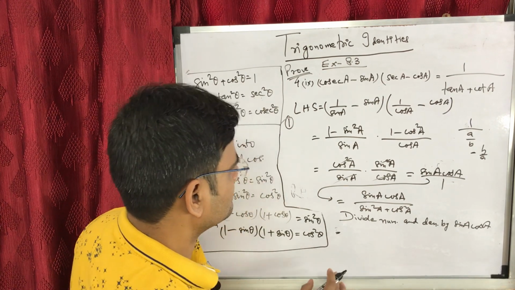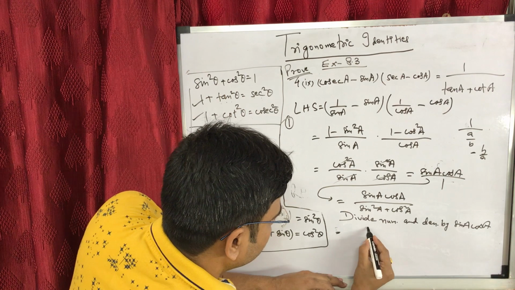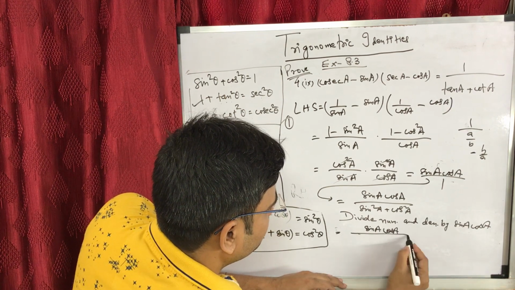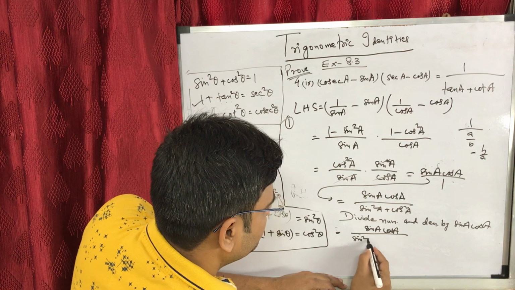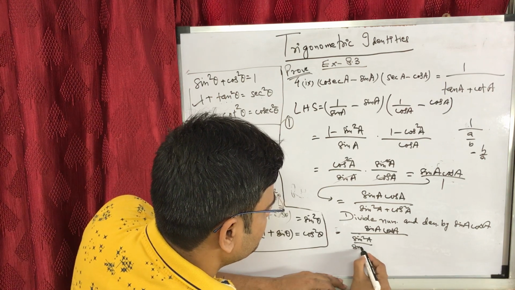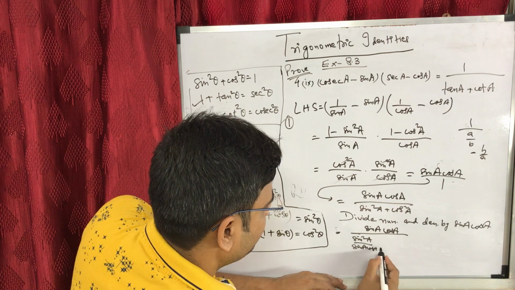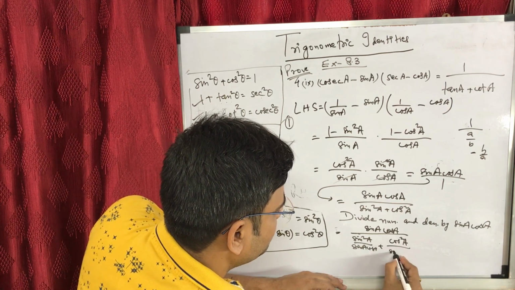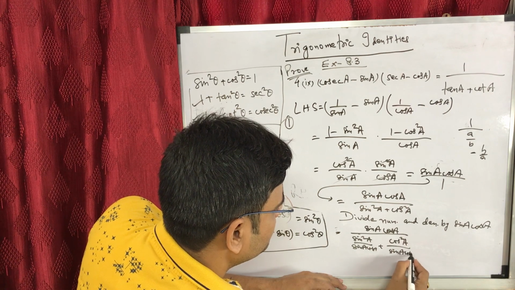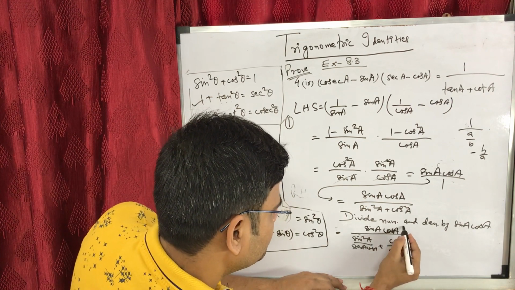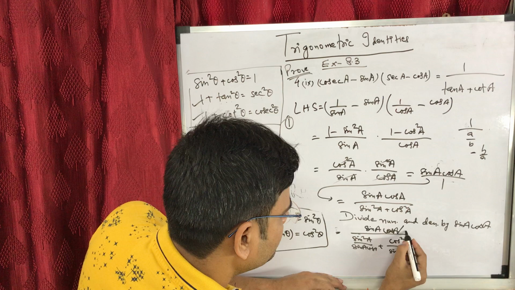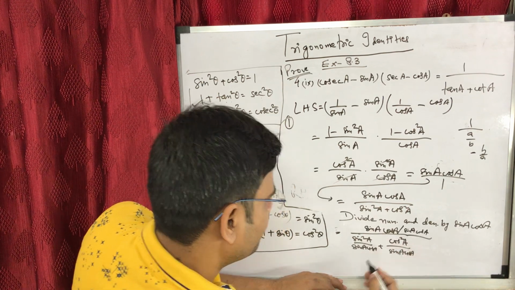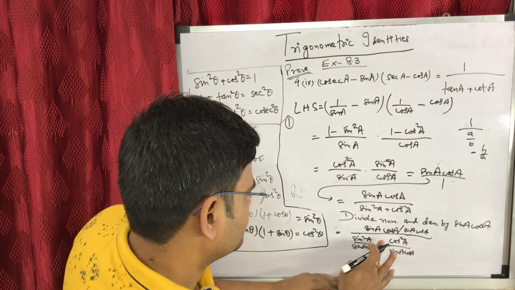So this becomes sine A cos A by sine square A by sine A cos A, and this becomes cos square A by sine A cos A, and you divide this by sine A cos A, right? You divide both numerator and denominator.